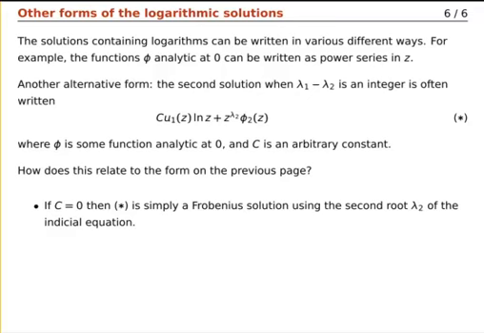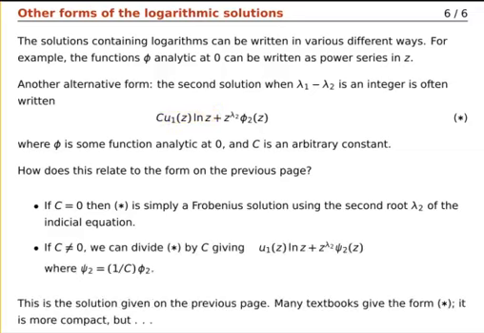Well, suppose that c is 0. If c is 0, that whole term disappears, and this second solution is just a Frobenius solution using lambda 2. On the other hand, if c is not equal to 0, then we can take this formula, divide it by c, and what you're left with is just u1 log z plus z to the lambda 2 phi 2 of z, which is the second of the forms that we had on the previous page. So the two forms really are equivalent.